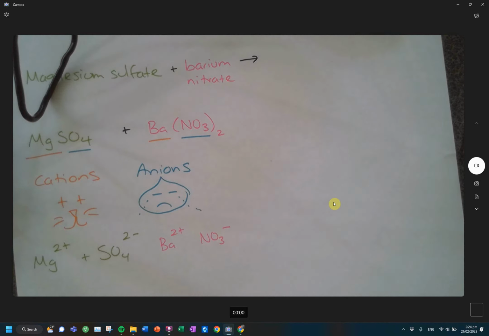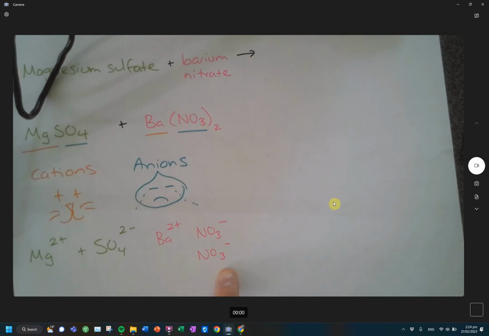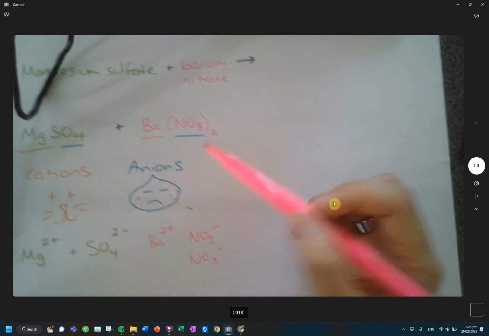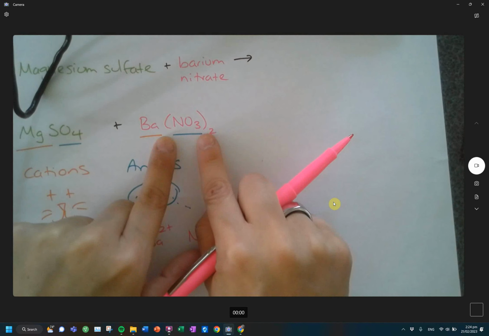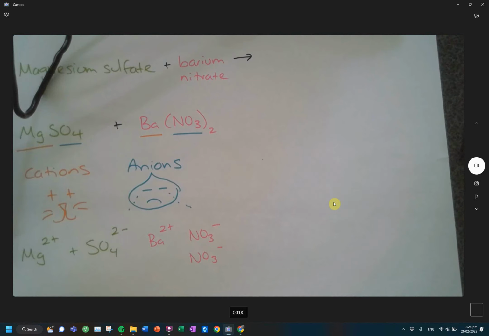So currently, if I add these two ions together, my net charge will be +1. I don't want that. So we're going to need 2 nitrates in order to balance that out, so that this is +2 and that's -2, and thus I get 0. Now, since this is a polyatomic ion, we need to put it in brackets and then put the 2 underneath it. So that's where that's coming from. This is a nice little refresher from last year, hopefully.